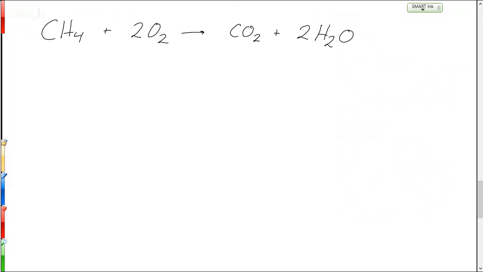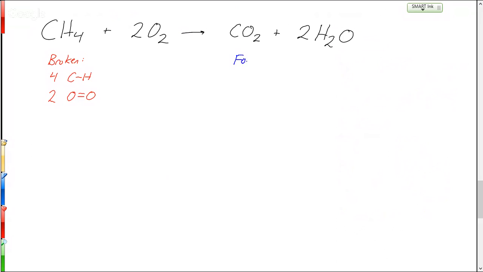All right, so let's think about the bonds broken and formed. In this reaction, nothing stays intact. So every bond on the left is broken, and every bond on the right is formed new. So that means that we've got four CH bonds broken and 2 OO double bonds broken.